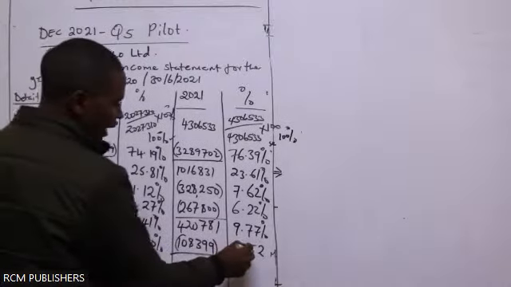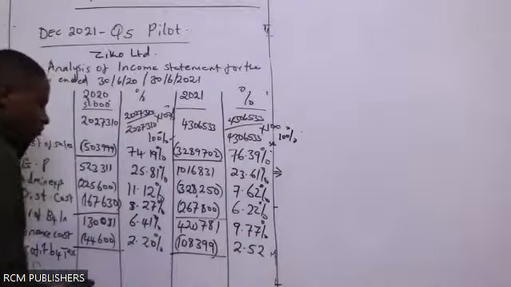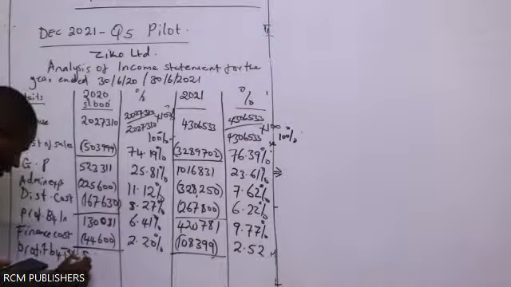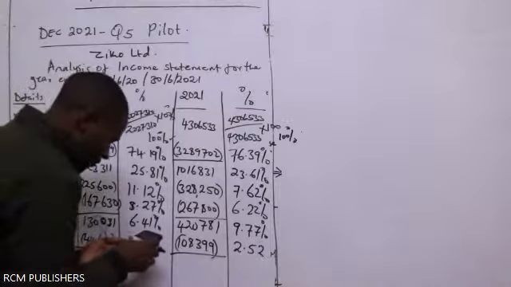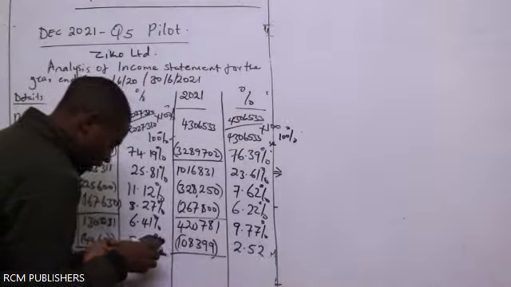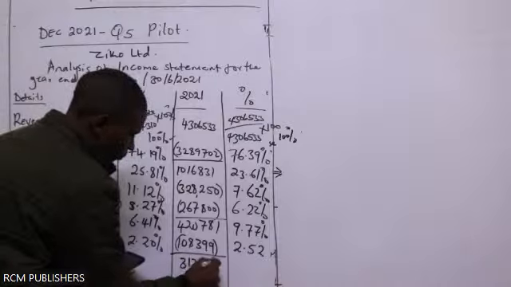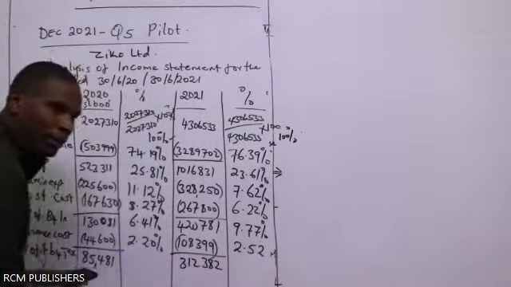Unaweza angalia even the point something. So profit before tax for this, I'll be having 85,481. Then the other side, 312,382. Nipatieni hizo.